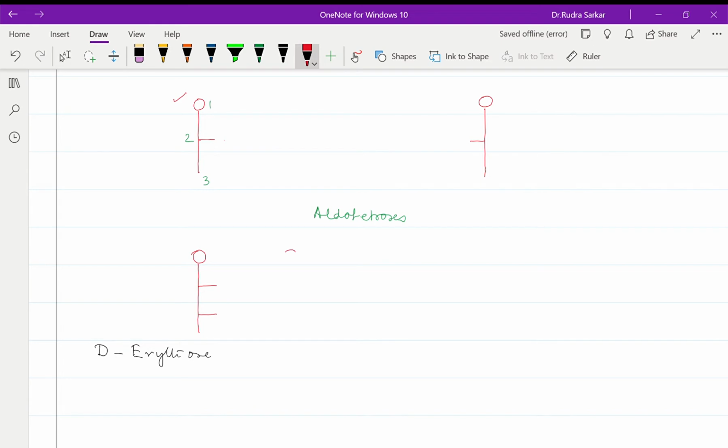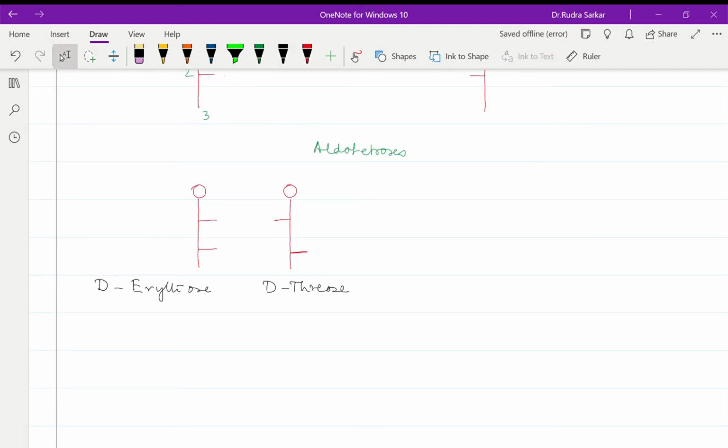Similarly, using the D-glyceraldehyde shorthand notation, I can write the other sugar wherein the penultimate carbon has the OH group on the right hand side, but the OH group just above is on the left hand side. This molecule is called threose.